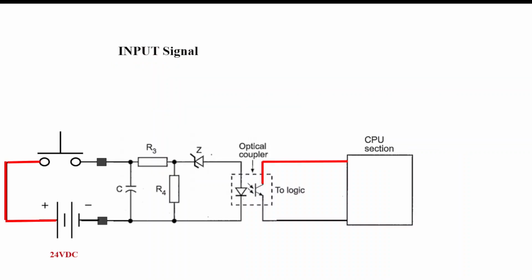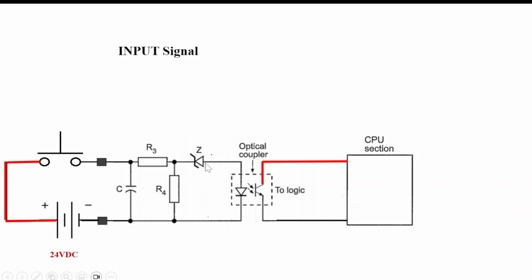Here's an example of one type of discrete input PLC card. And be clear, this is not how every single PLC card is manufactured or all of the components inside. But essentially, what you have is an opto-isolator. Then this is the communication bus to the CPU section.